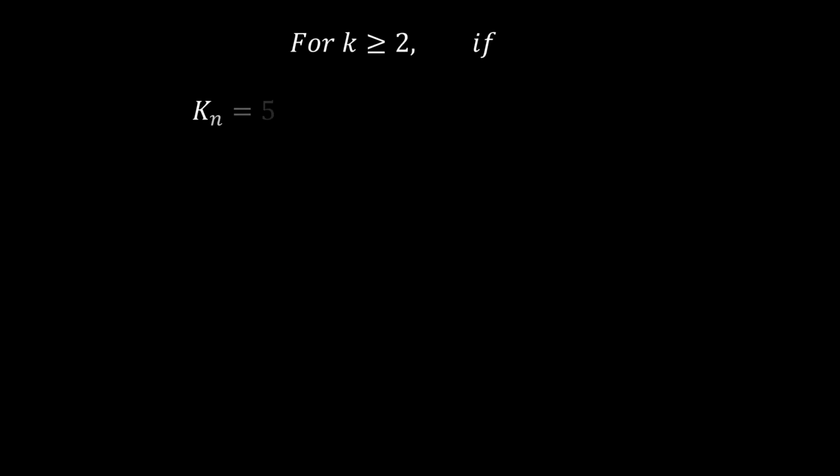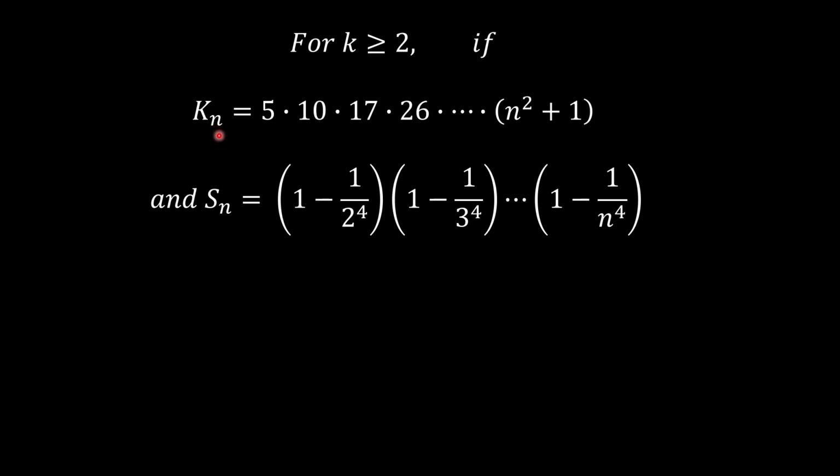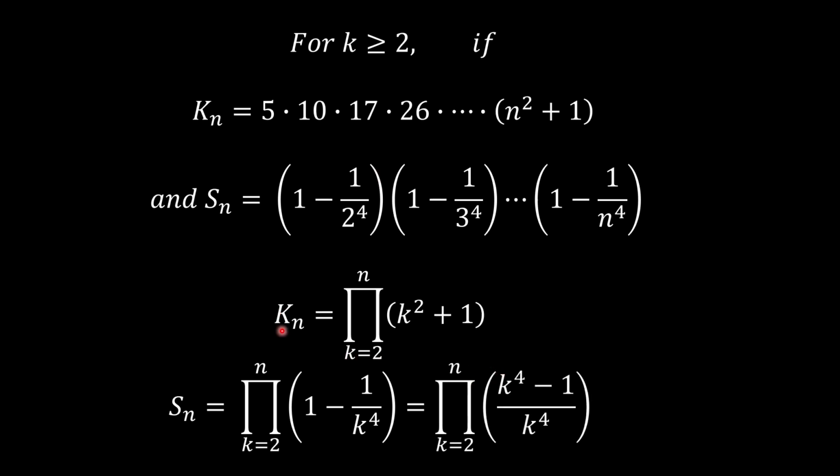So for k greater than or equal to 2, if these are capital Kn and capital Sn respectively, then we could re-express our expressions as this. Kn is the product from k equals 2 to n of k squared plus 1.